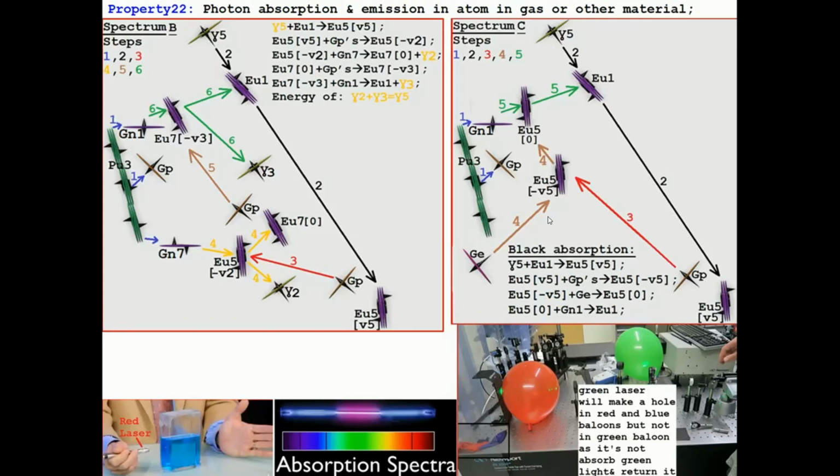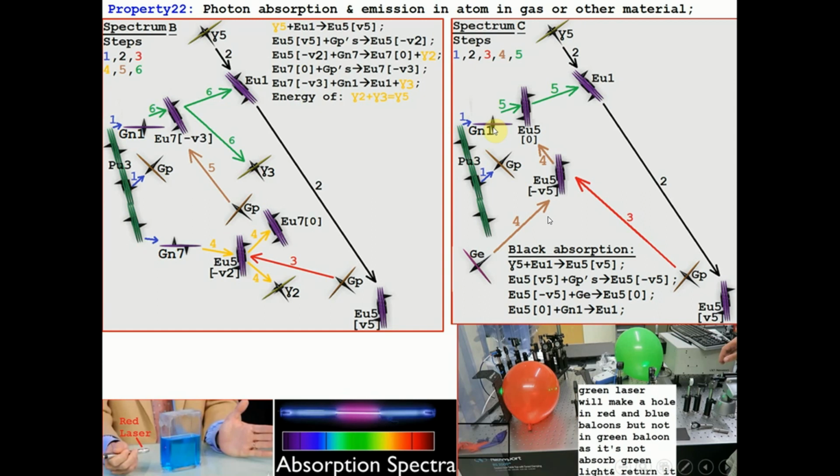If this atom is in a liquid or in a solid, during the journey of EU5 to its original position, it may emit GE particles from the neighbor atoms in the solid. This GE particle will slow down this electron, and when it meets GN1 in its original position, it will transform back to EU1, but GN1 will not transform into a photon, because there is no excess kinetic energy.